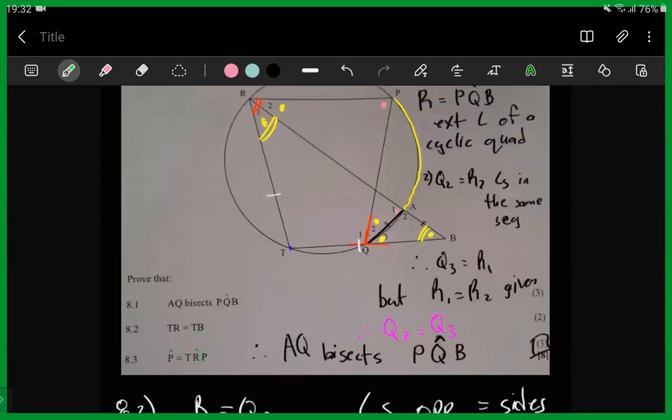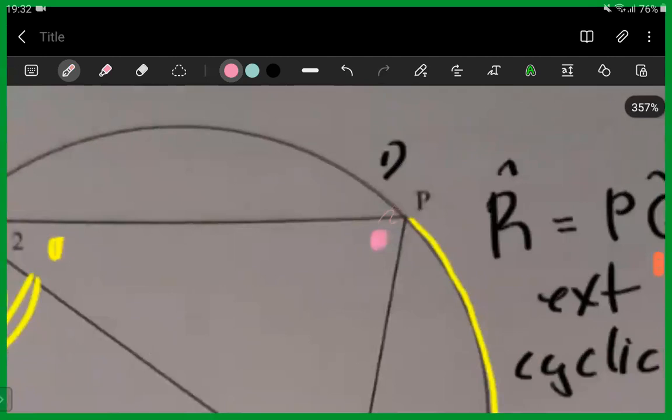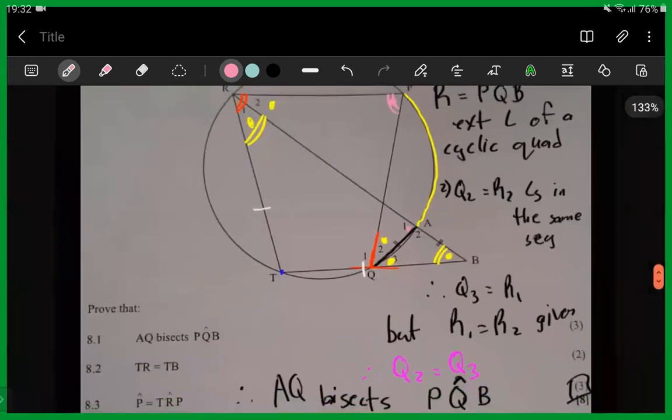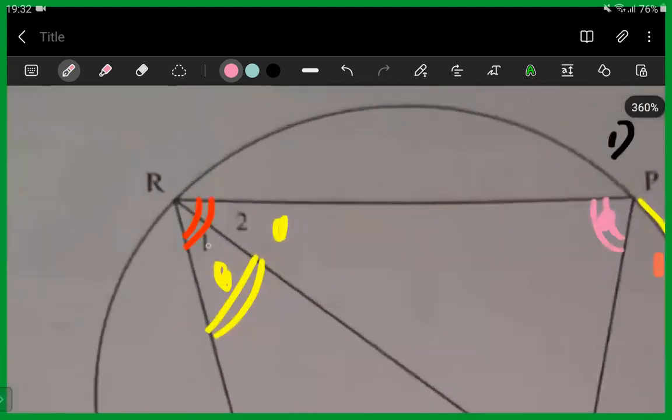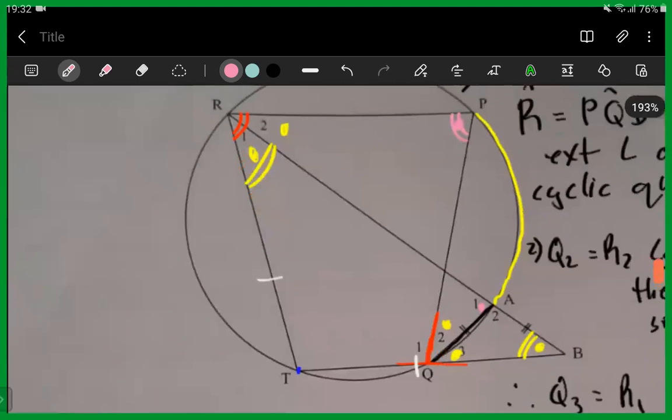So TRP, let's see, P here is equal to TRP. Okay, let me try that again. T, which is this pink one, we should prove that it is equal to TRP. This big one here. Now let's make it in red because we already mentioned that that one is in red.